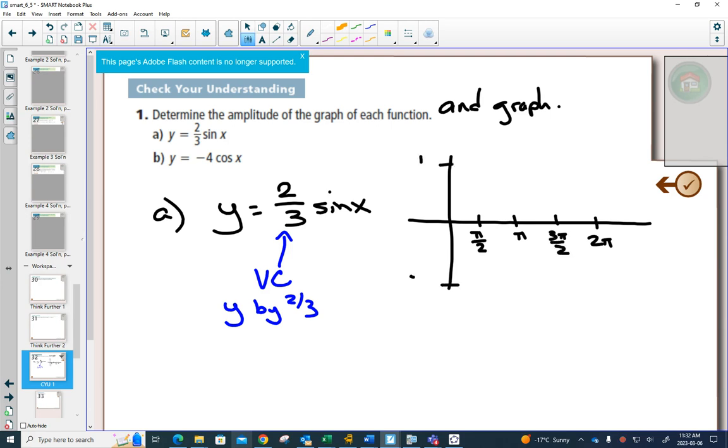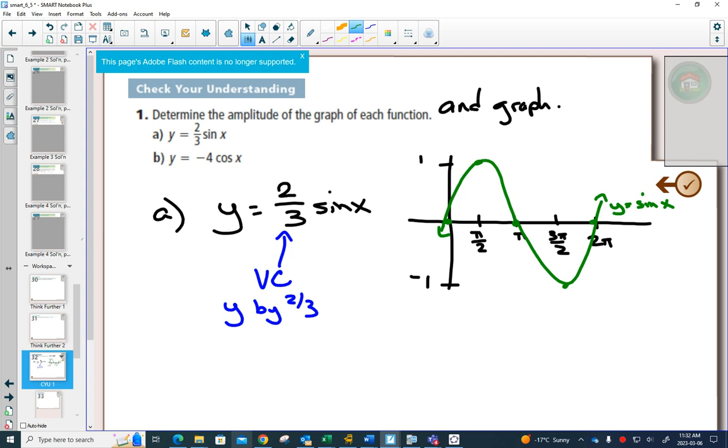Know that the maximum is 1 and minimum is -1 from your unit circle. And your axes family says sine of 0 is 0. So sine starts on your center line, going up to a maximum, back to center line, down to minimum, back to your center line. And so I quickly draw a graph of sine x.